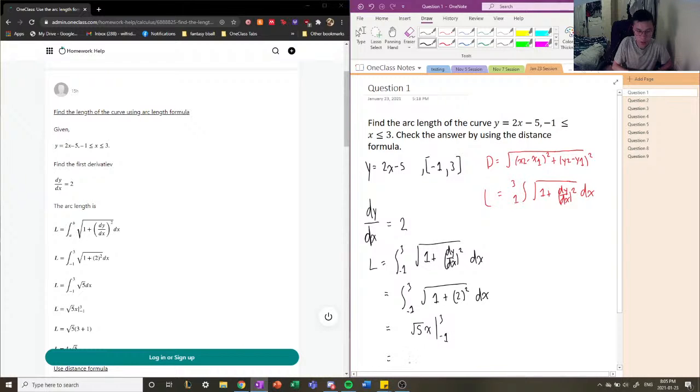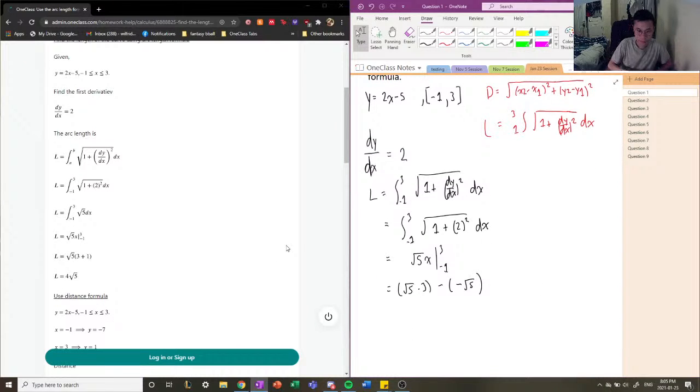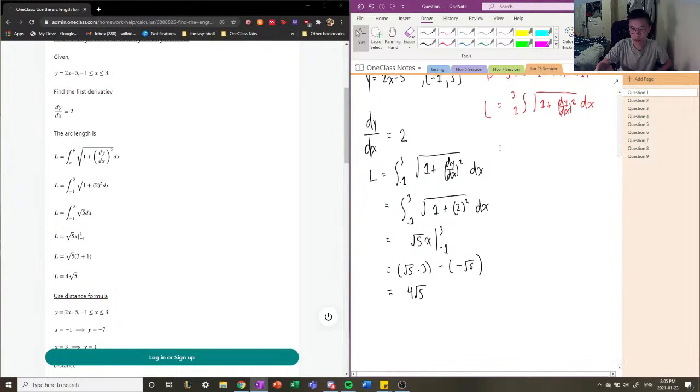So calculating that, we get the root of 5 times 3 minus negative root 5, which equals 4 times root 5. Okay? So that's using the arc length formula.